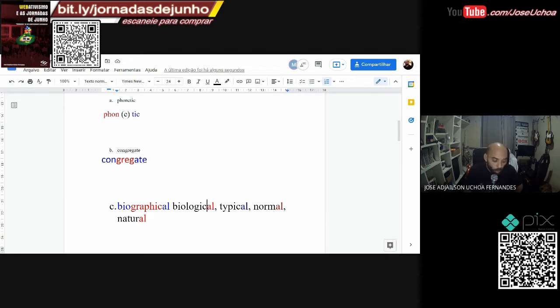You see that the smaller word you get, the easier it is to compare, because here we also have the ic, which is a suffix. Here you have log, which is a second root, okay? So we have many morphs.